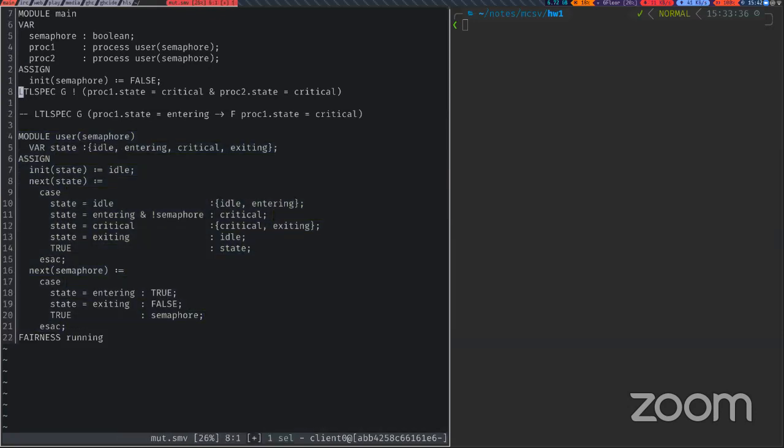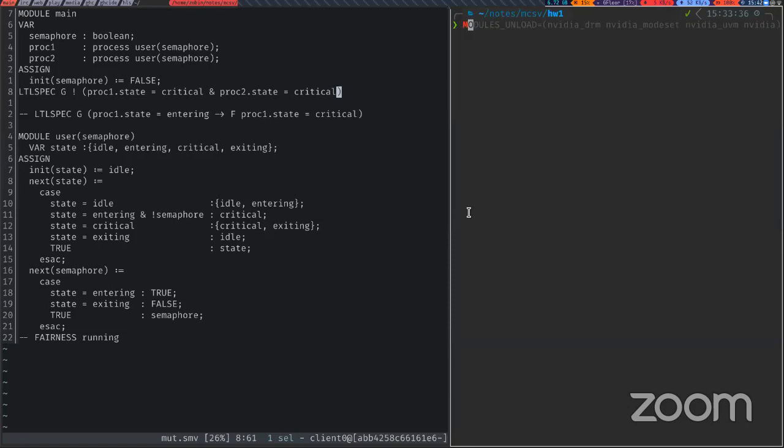So we can verify some properties about mutual exclusion. Let's just see first. If I comment out this line, I'll explain what the fairness line does in a bit. But if I comment this out right now, and then I try to verify this.